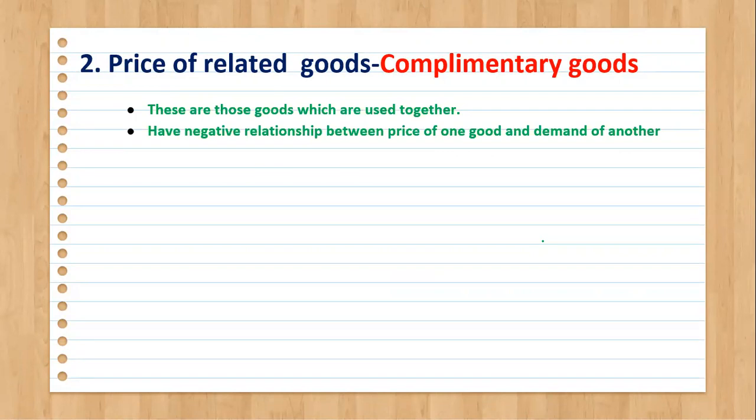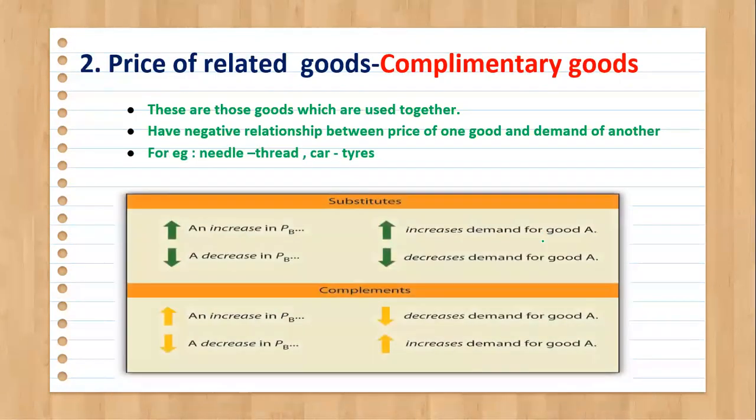Let's see how. If the price of ink increases for a fountain pen, you would rather prefer to shift to, say, a ball pen or a pencil. So demand for another decreases. So for complementary goods, if the price of one increases, demand decreases, and vice versa.